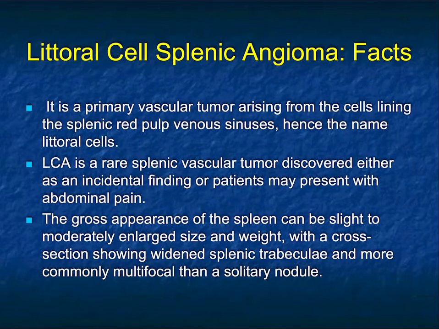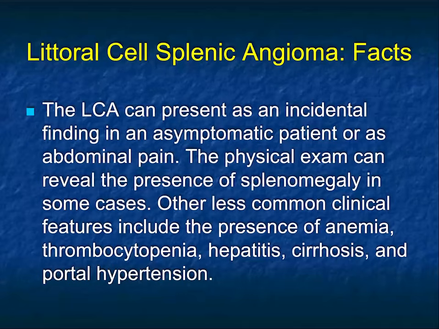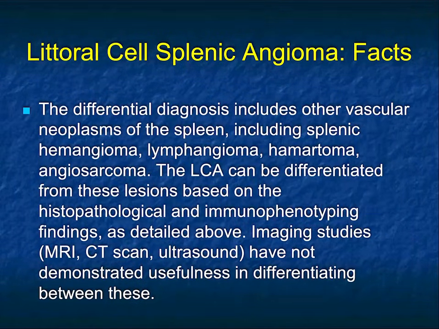The gross appearance of the spleen can be slight to moderately enlarged, with a cross-section showing widened splenic trabeculae and more commonly multifocal than a solitary nodule. The littoral cell tumors, again, this incidental finding, but sometimes you can palpate splenomegaly, and there are clinical features: anemia, thrombocytopenia, hepatitis, cirrhosis, but those are all going to be extremely rare.